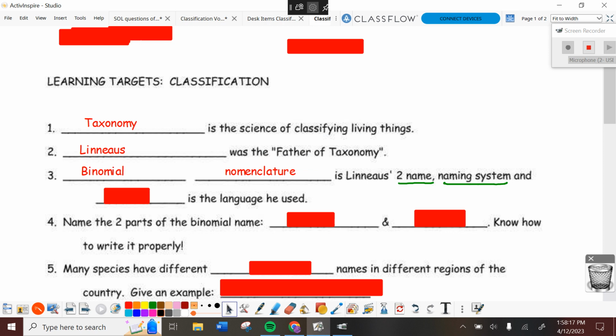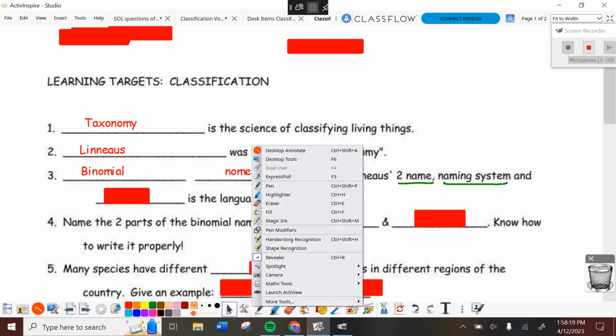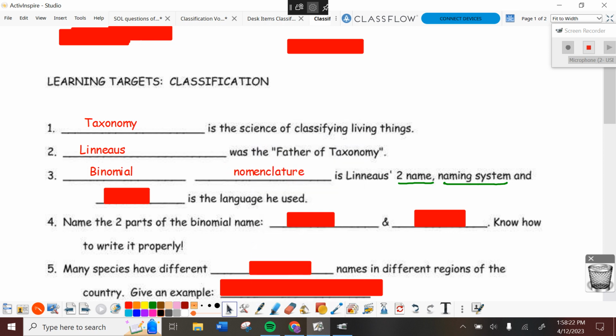Binomial, two names; nomenclature, naming system. That's a system he came up with. Binomial nomenclature. Okay?